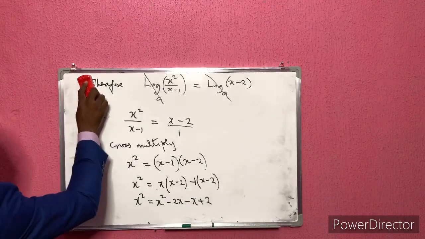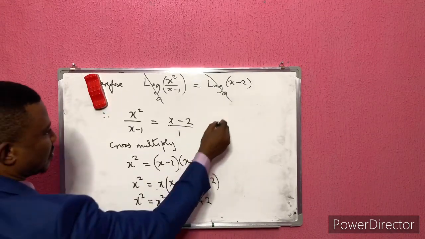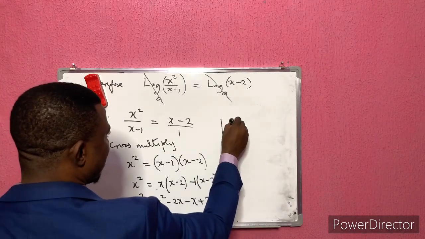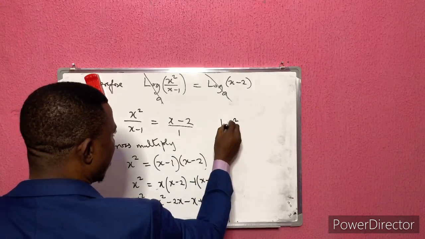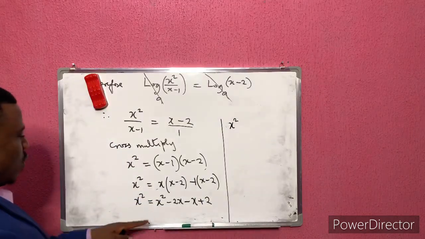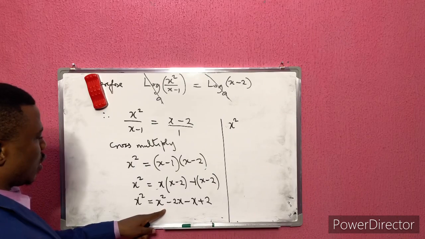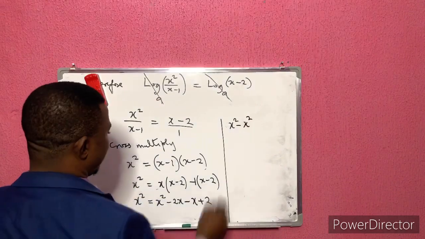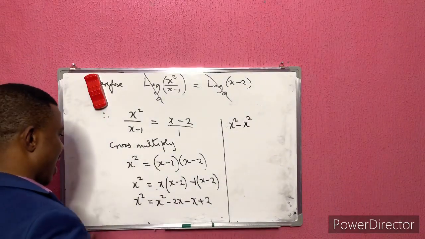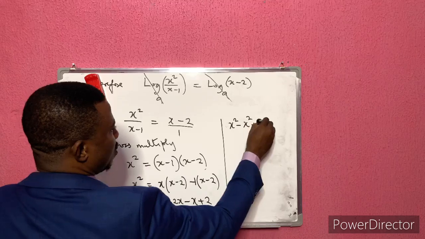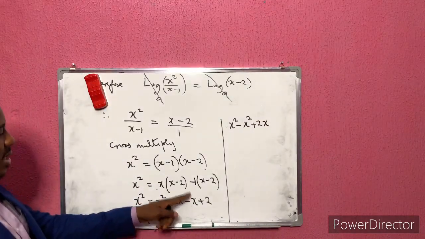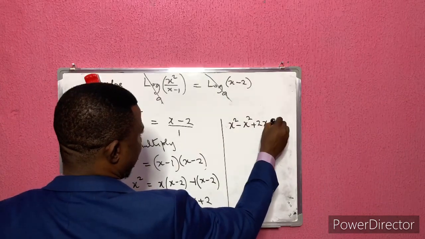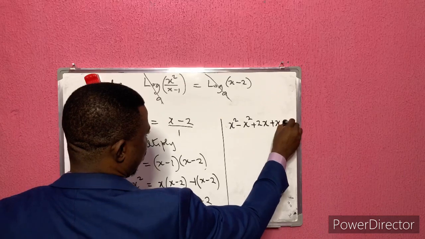In this case, we are going to collect like terms. Look at this. You have x squared. When this crosses to this side, you have minus x squared. When this crosses to this side, plus 2x. When minus x crosses to this side, you have plus x equals 2 did not cross.